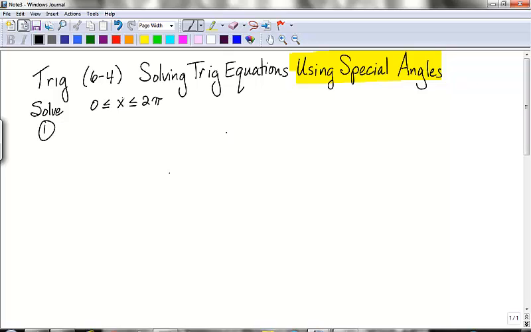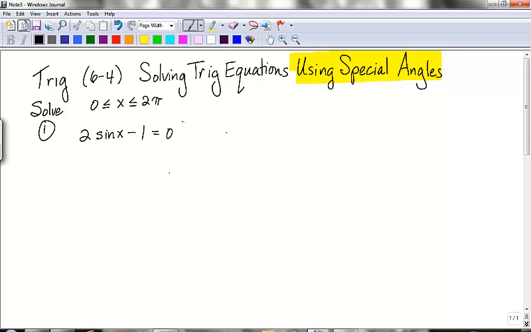And they might do it in radians. They might do it from 0 to 360 degrees. Okay, so on this one, say they give you 2 sine of x minus 1 equals 0.